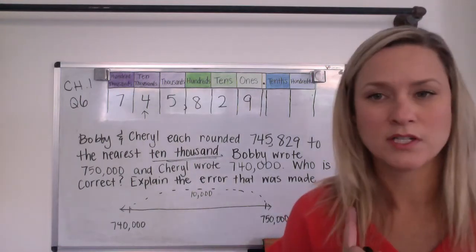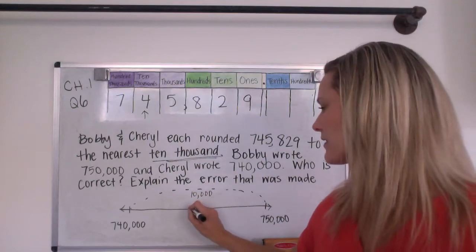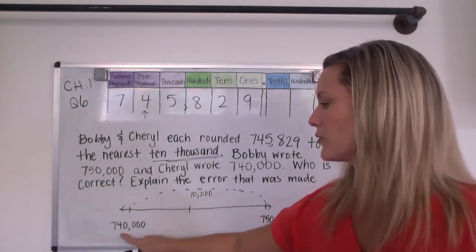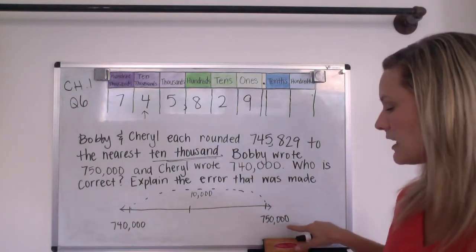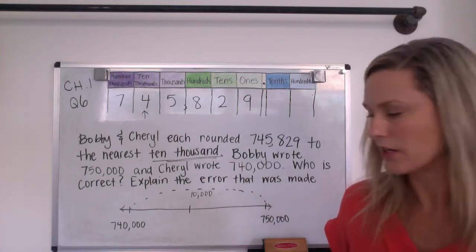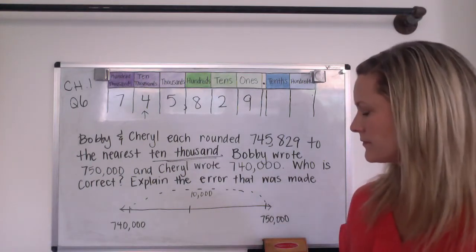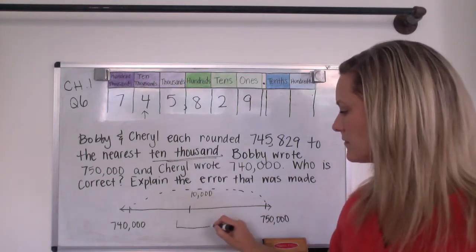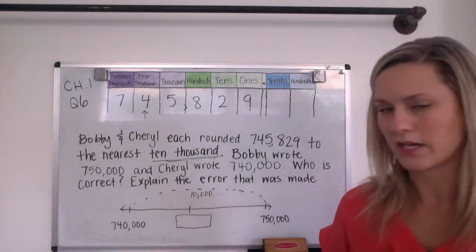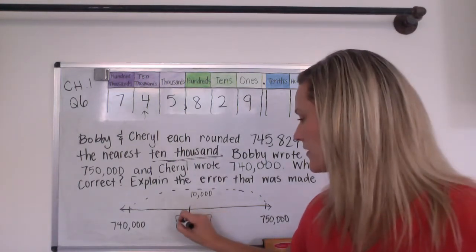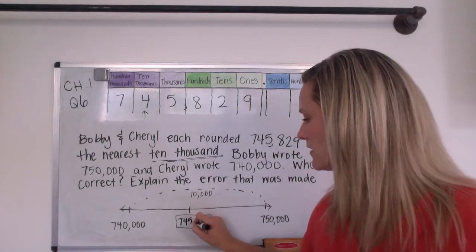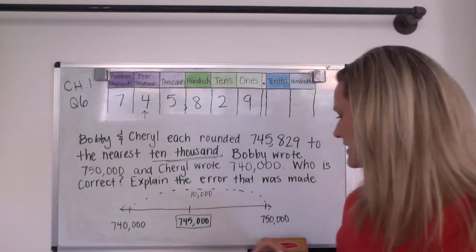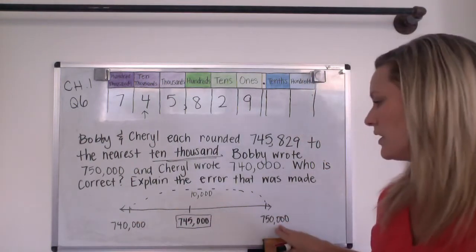Okay, now, what's in between 740,000 and 750,000? All right, take a moment to figure out the midpoint. Okay, so if you said 745,000, you were right. That's the middle of these two numbers.